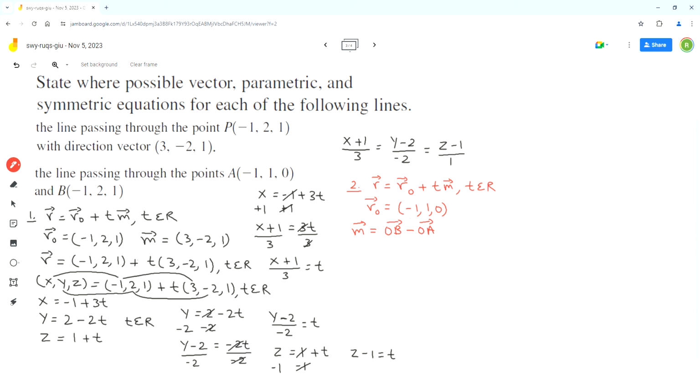We can also do OA minus OB, but I am doing OB minus OA. We can use point B for position vector OB and point A for position vector OA.